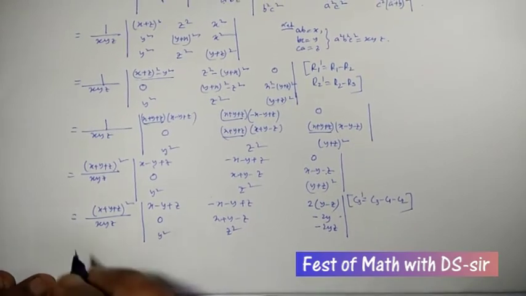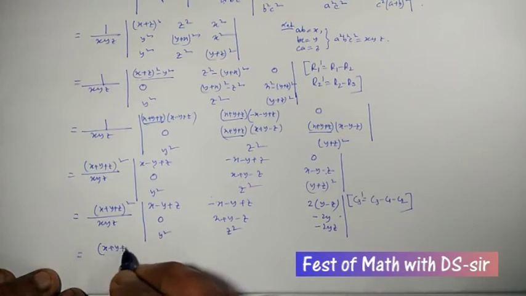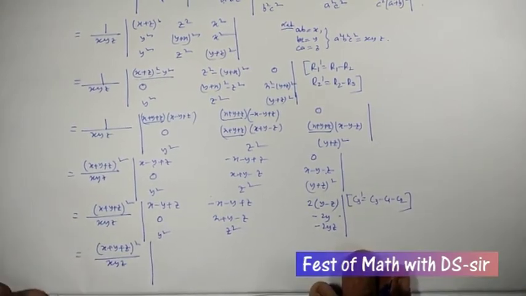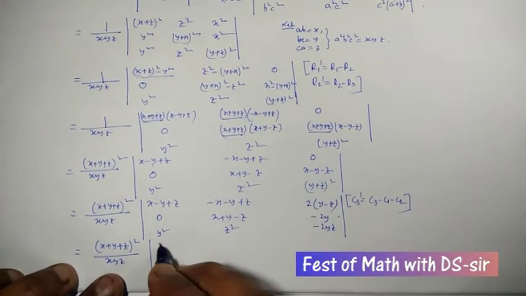What will we do next? x plus y plus z whole square by xyz into: now I will add row 2 with row 1. x minus y plus z.